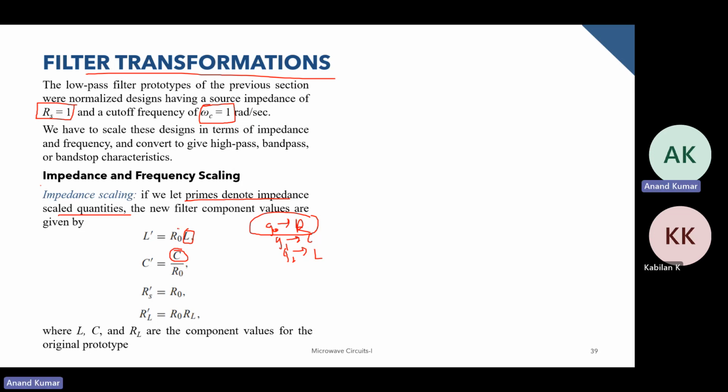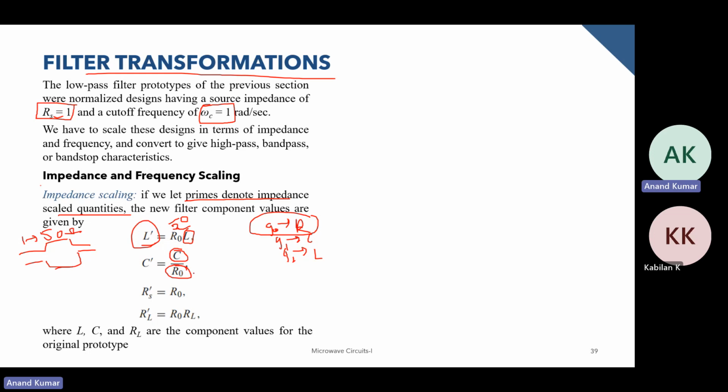RS was the normalized value. R0 is your correct normalization value. For example, you found this for 1, and you have your inductor and then a capacitor, and now you want to scale this 1 to 50 ohms. So this R0 will become 50 ohms, and whatever G value you got from the table, you will multiply by that and you will get your inductor value.